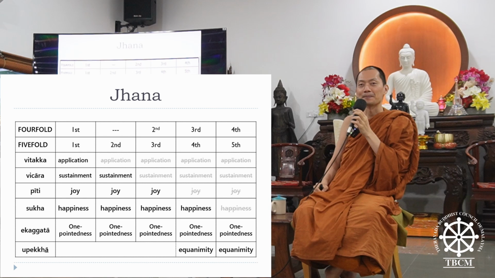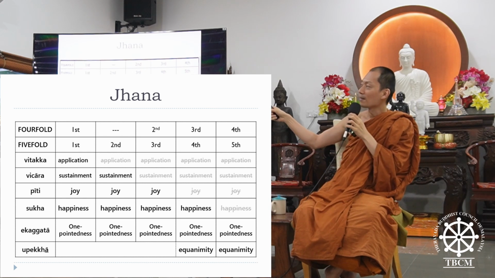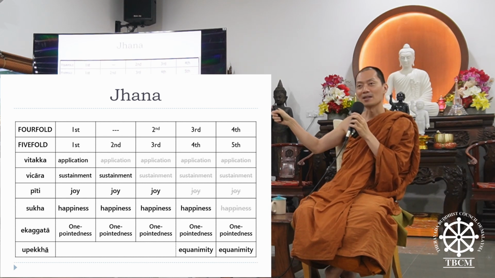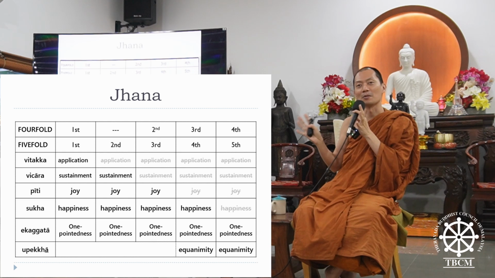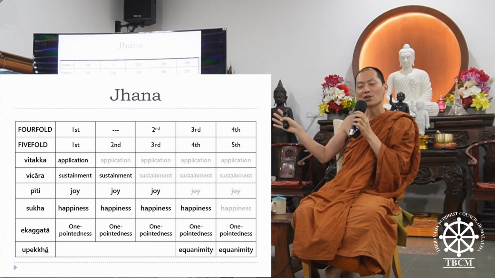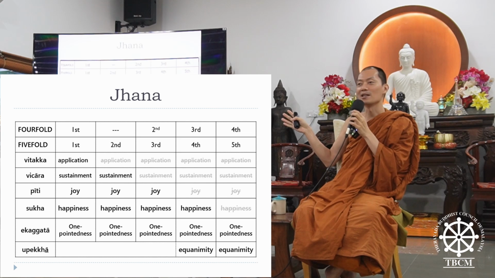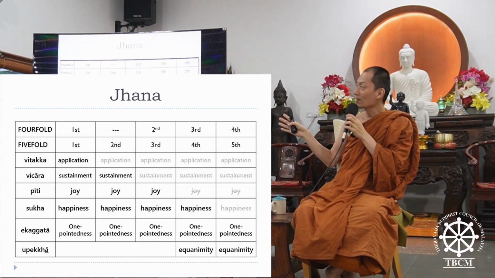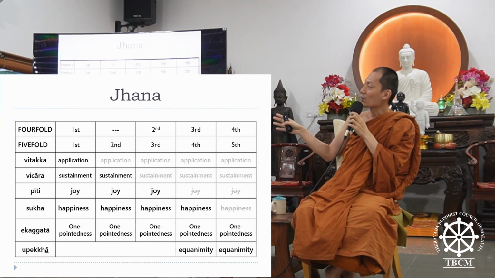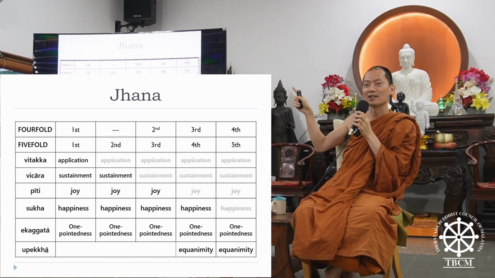Rapture is joy, pleasure is happiness, piti and sukha. He used different words only. So now we change the term to joy and happiness, which is the term I'm more familiar with.